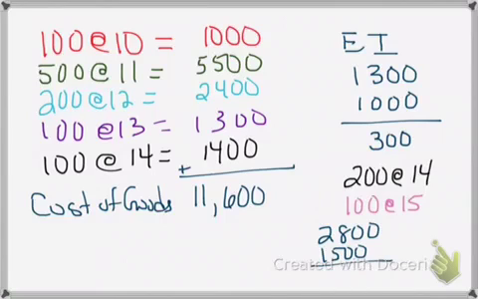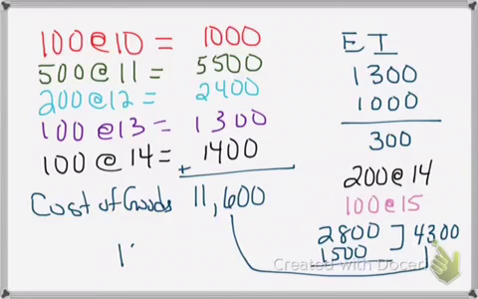And so that is a total of, when I add those up, $4,300. Now, when we add these two amounts together, that is going to give us what our total purchases were, which was $15,900. And so remember, now this is just for that FIFO system that we've been looking at.